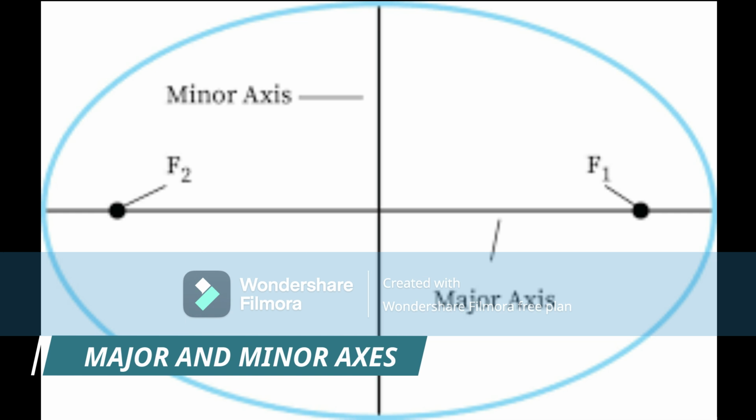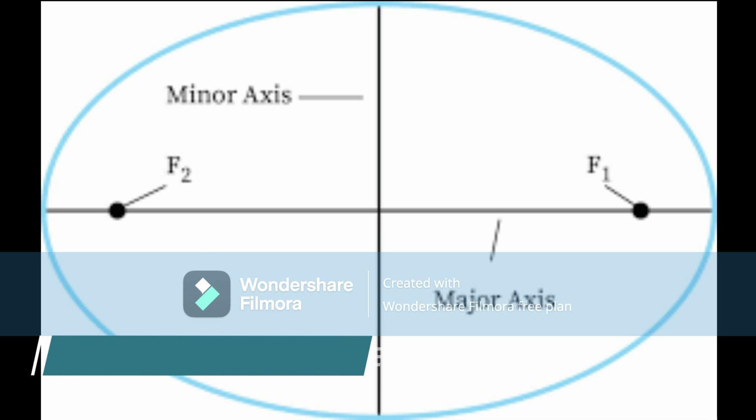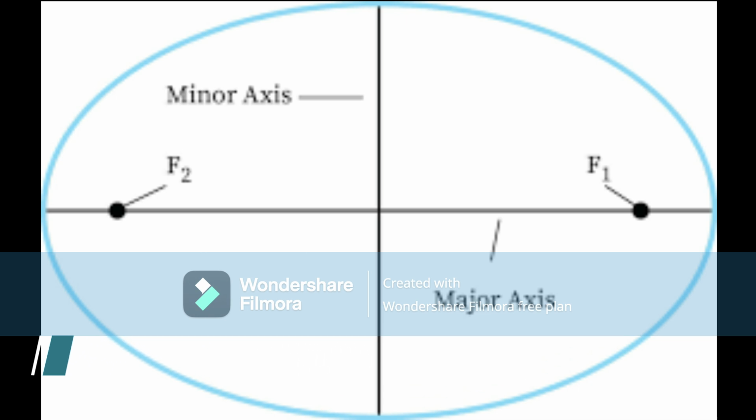We represent the semi-major axis with a and the semi-minor axis with b. Right. So now I'm going to define particular equations of the ellipse, and how to derive some special features of an ellipse, like the vertices and co-vertices and so on.